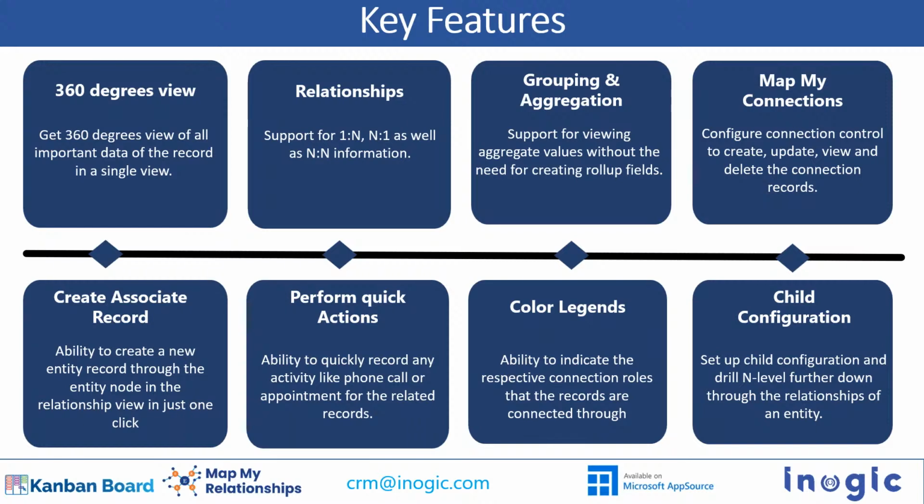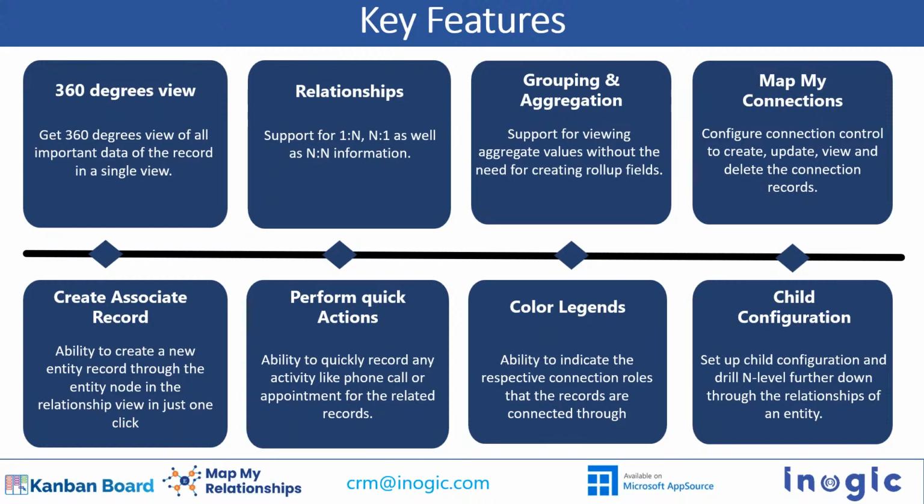With Map My Relationships, we also have the ability to create a new entity record through the entity node in the relationship view in just a single click. Also, we can perform the quick actions. The Map My Relationships has the ability to quickly record any activity, maybe like a phone call or an appointment, for related records.